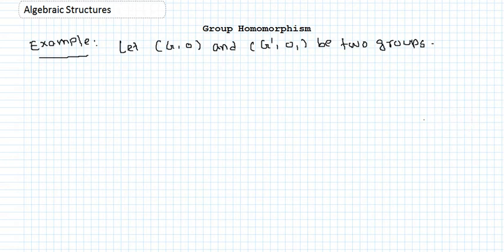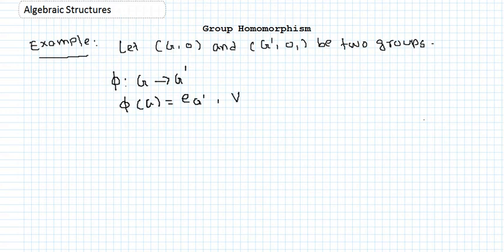So here we go. Let me define a mapping phi from G to G dash in such a way that phi of A, for all elements A of the group G, is the identity element of the group G dash.